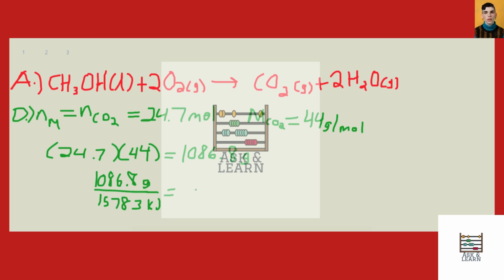And so that's going to produce 0.069 grams per kilojoule. That means 0.069 grams of CO2 are produced for every kilojoule of energy produced.